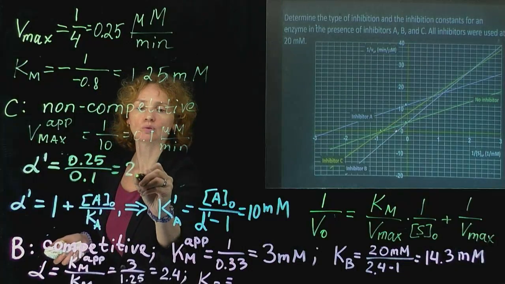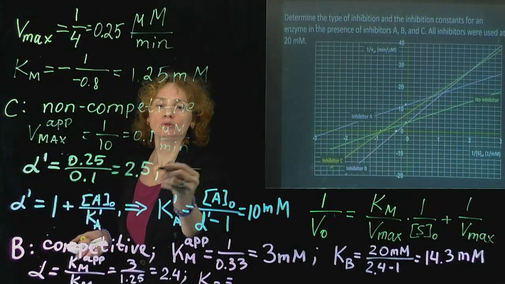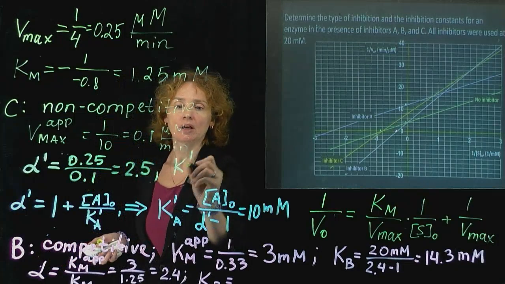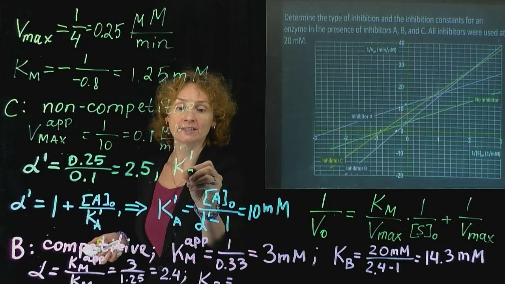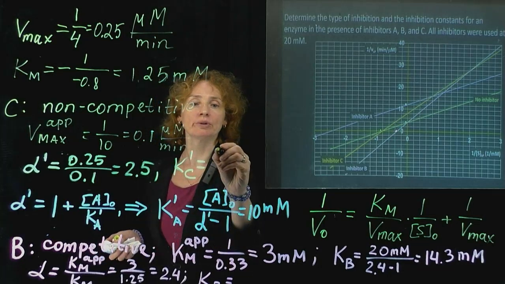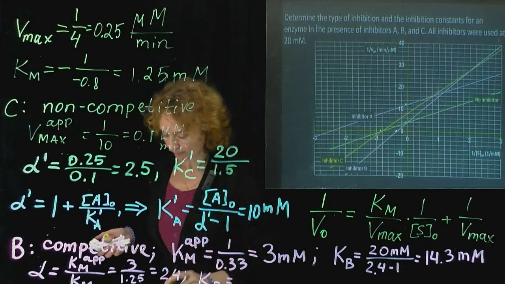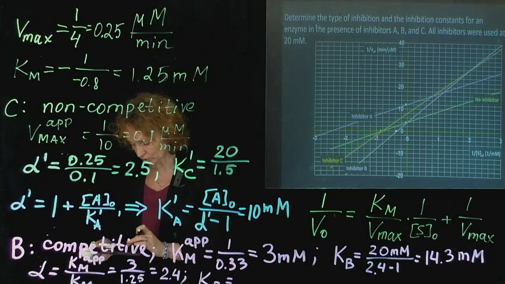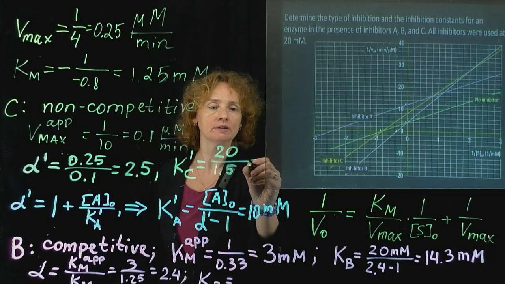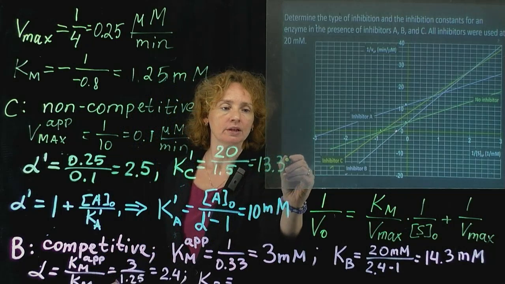That would be equal to 2.5. And so it will give us K prime for C as 20 divided by 1.5, which will be equal to 13.3 millimolar.